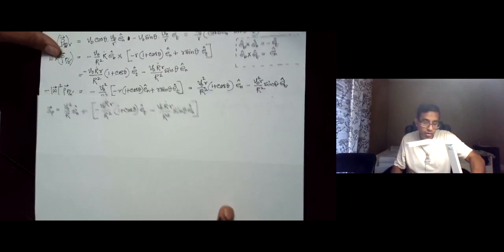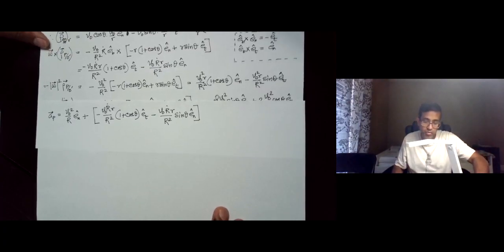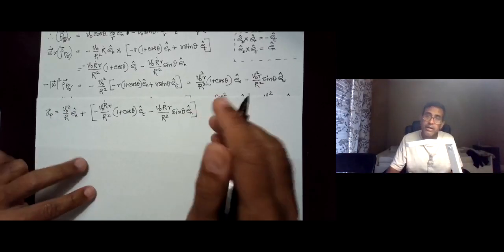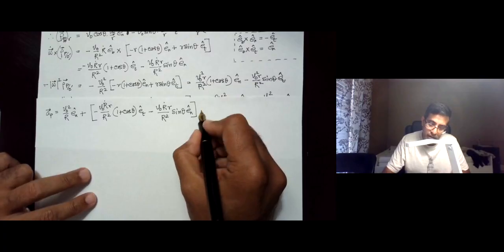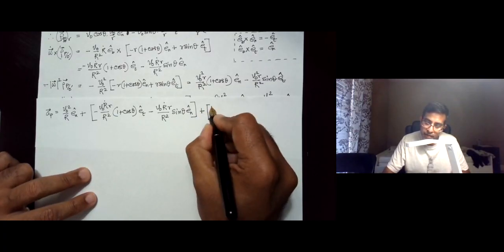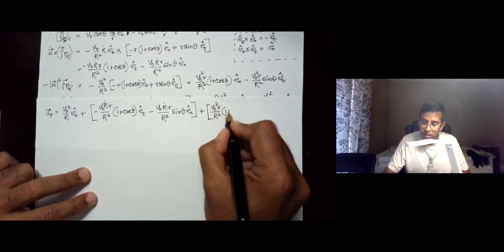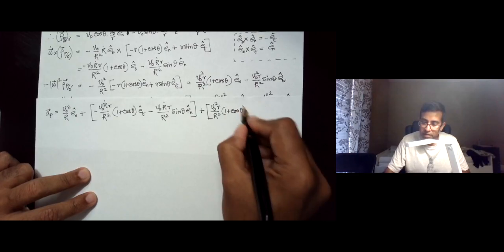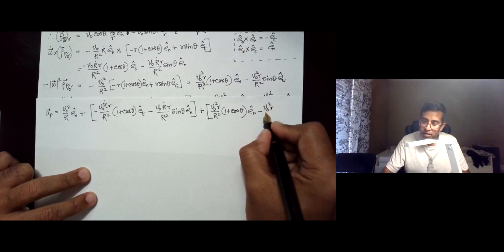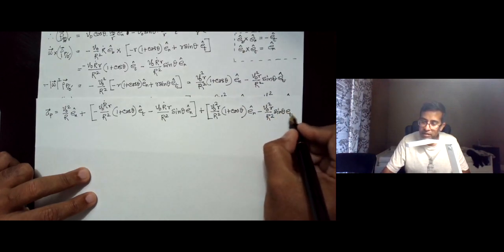Then we need to incorporate this negative omega squared rho term. So let's incorporate that, plus V naught squared R over capital R squared 1 plus cosine theta En minus V naught squared R over capital R squared sine theta Et.